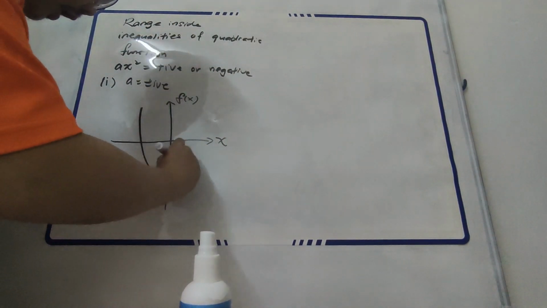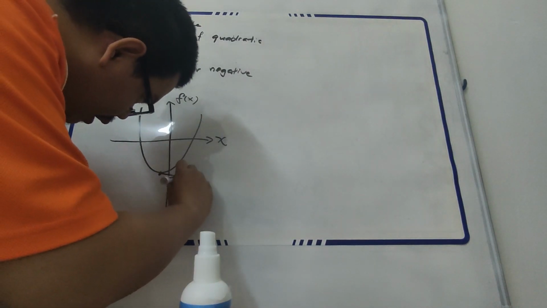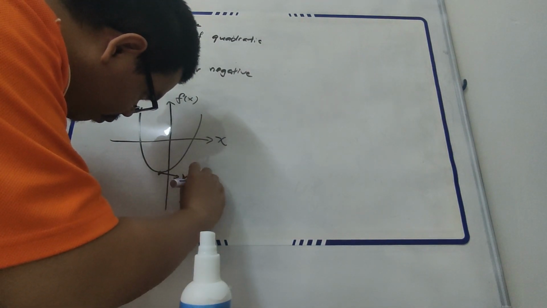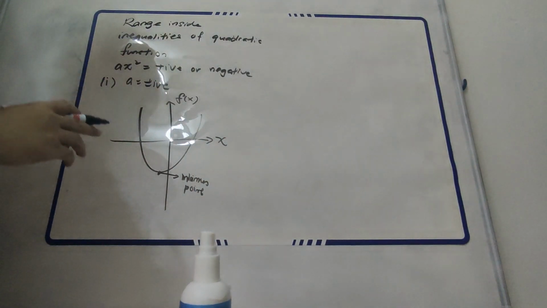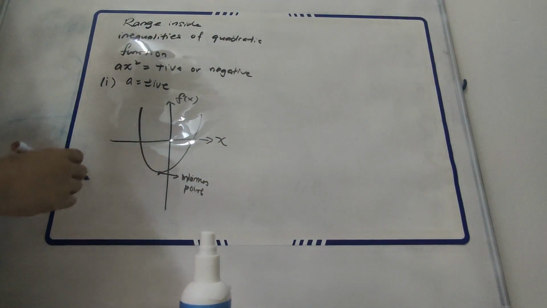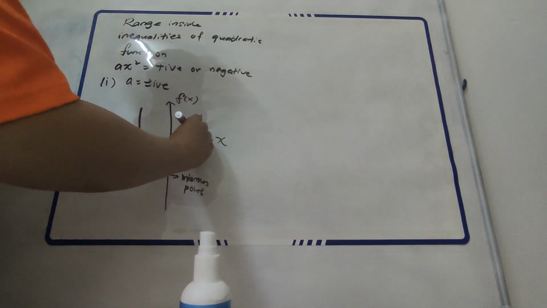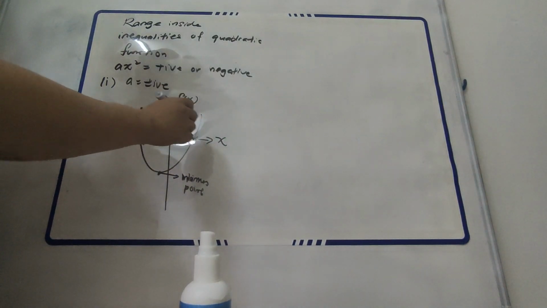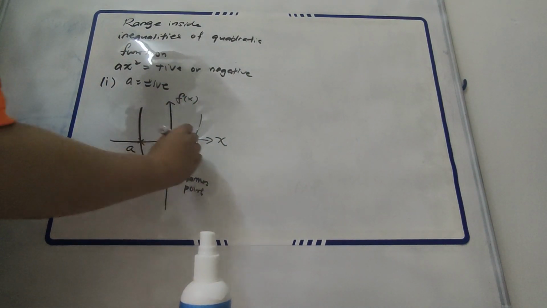Let's say it looks like this, and let's just assume here is the minimum point. Of course this part is not so important, and I want to label when y equals 0, the points intersecting the x-axis have values of a and also b.